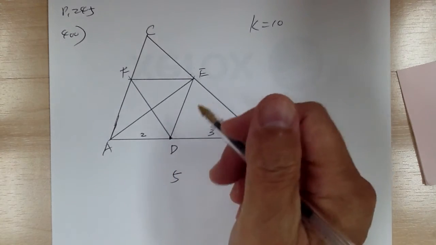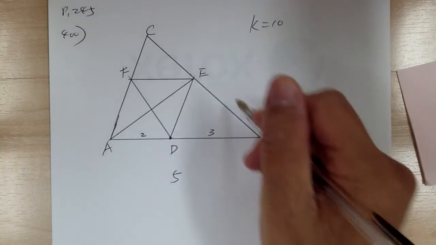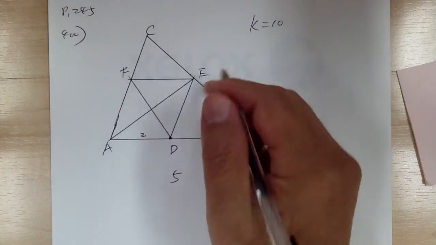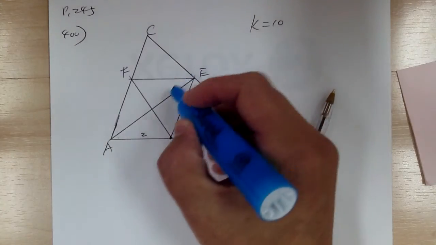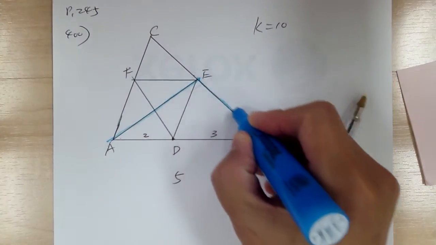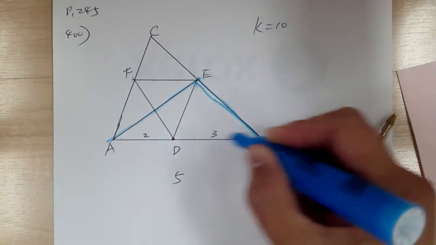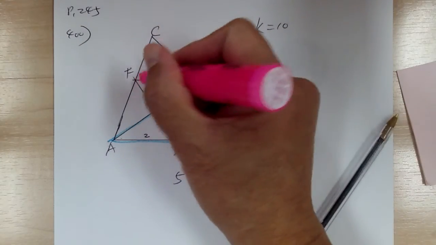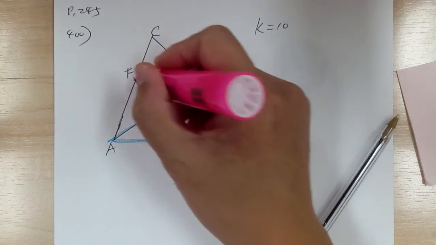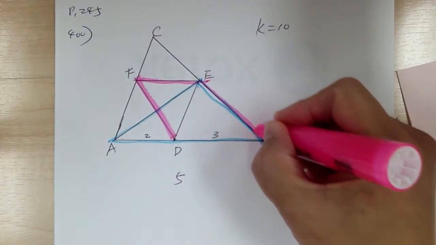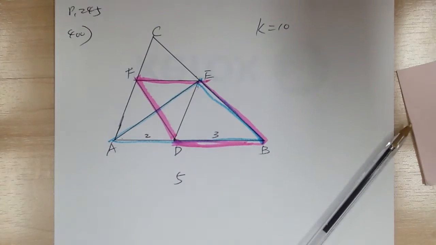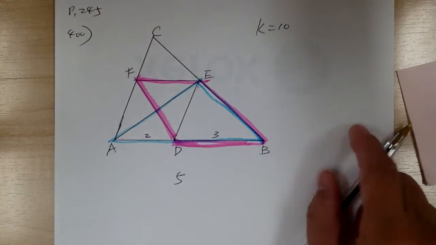If triangle ABE and quadrilateral DBEF have the same area. Okay, so what is this area?